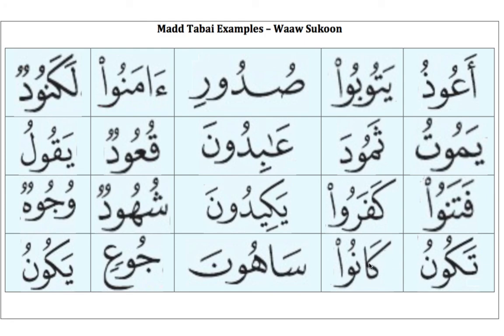Next we have kaf fatha alif sukun ka, noon dhamma waw sukun nu. Kanu. So in this case we have two mud letters, kaf and then an alif sukun, then noon dhamma and then waw sukun. So alif sukun and waw sukun. So the word is kanu. Another word with two sukun letters here.